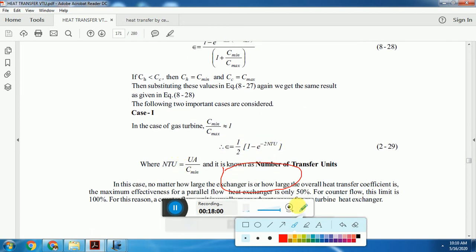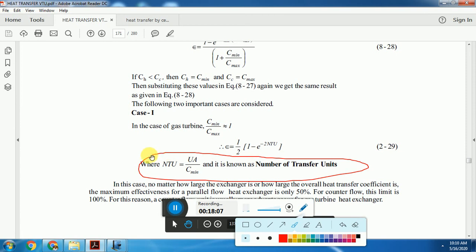NTU is nothing but number of transfer units. This is important. It is UA divided by Cmin, that is NTU. In the next lecture, this is for a parallel flow heat exchanger. For the counter flow heat exchanger, we will get the same answer.